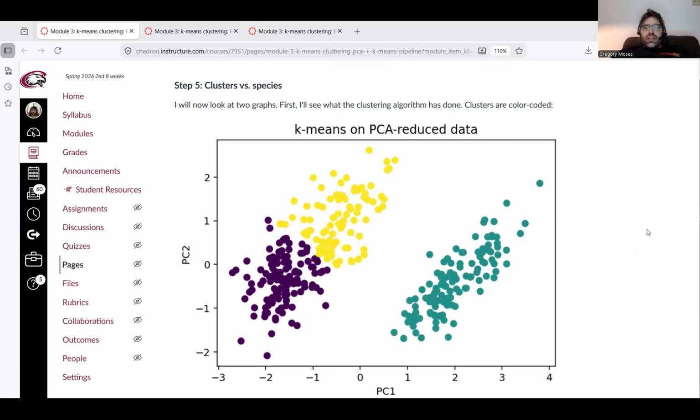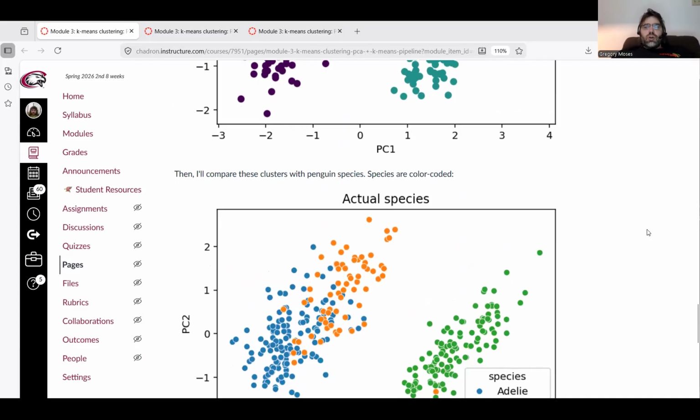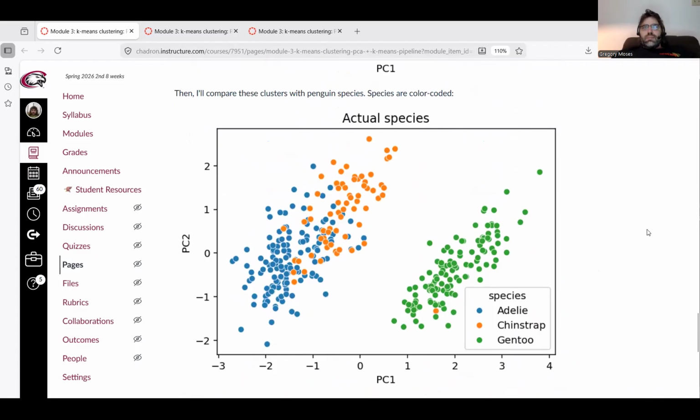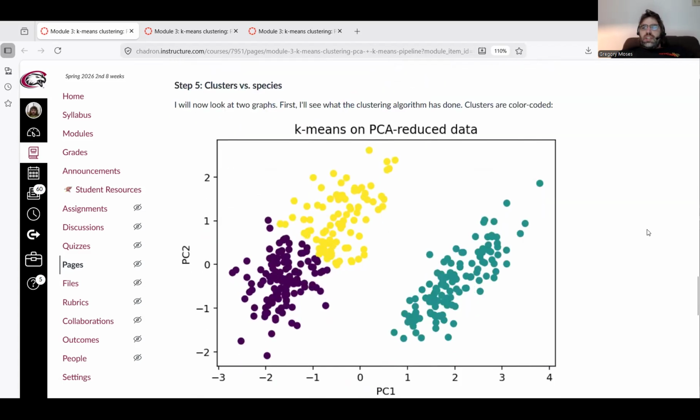Just looking at this, is this any good? Well, again, is this any good? It is such a hard question to ask because it insinuates that we have an end goal, and this is unsupervised learning. Is it any good in the sense that k-means clustering worked and we found 3 clusters?